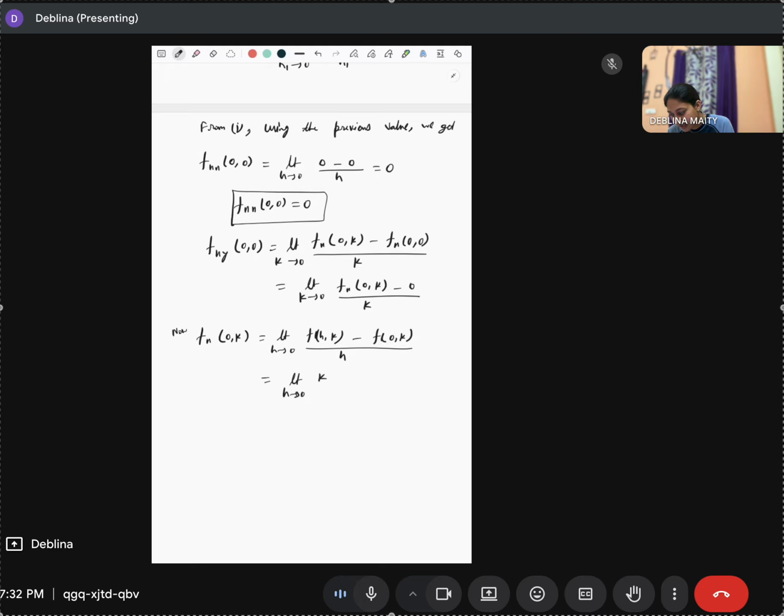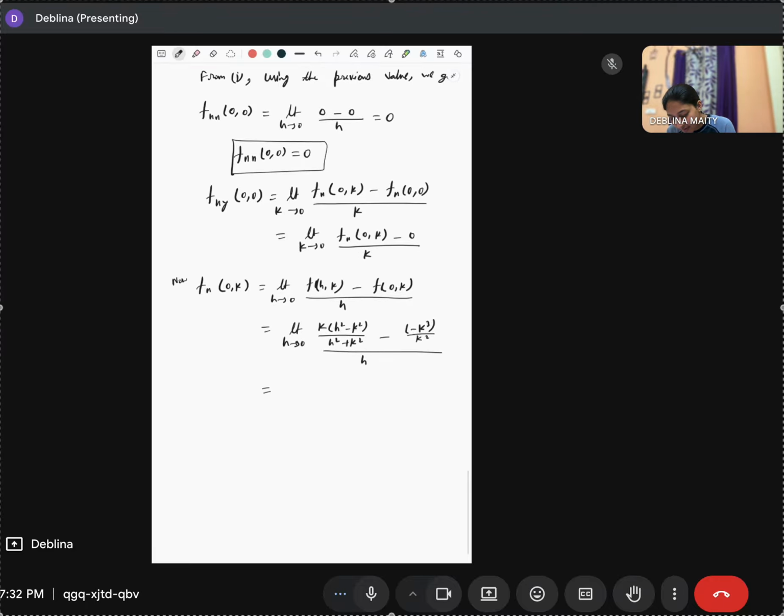So f(h,k) is k times (h² minus k²) by (h² plus k²), and f(0,k) is minus k³ by k², right? And this is divided by h. Now if we simplify it, we get the limit as h goes to 0 of 2hk divided by (h² plus k²), right? Since h goes to 0 and k is fixed here, this is 0, right?